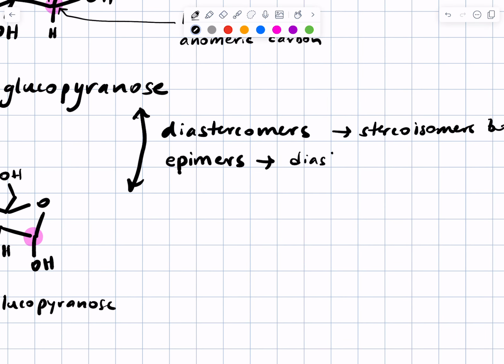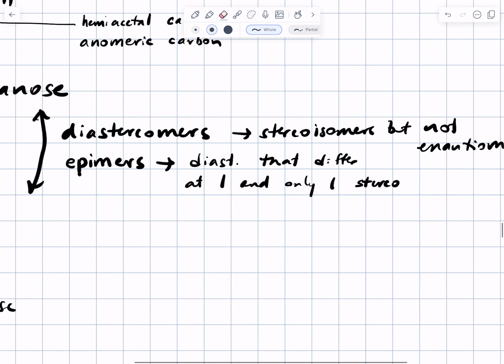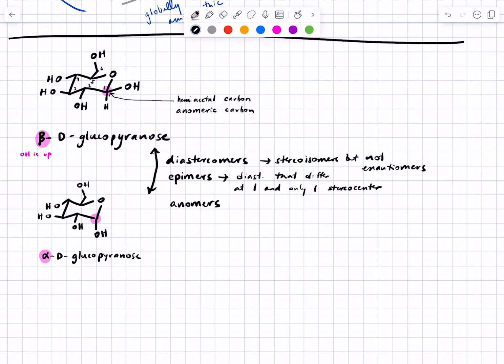Epimers are diastereomers that differ at one and only one stereocenter. And because they differ at the anomeric carbon, we will also call these anomers of each other. Here is the beta anomer, here is the alpha anomer. Okay, some of that's just vocabulary. Questions about alpha and beta?